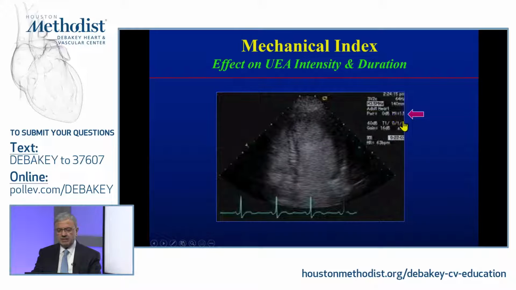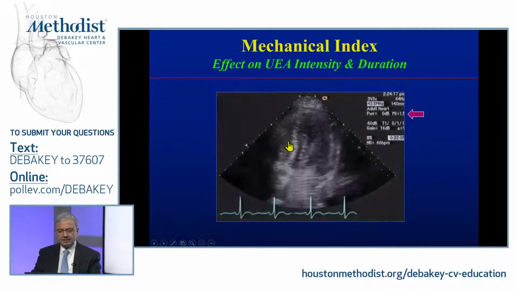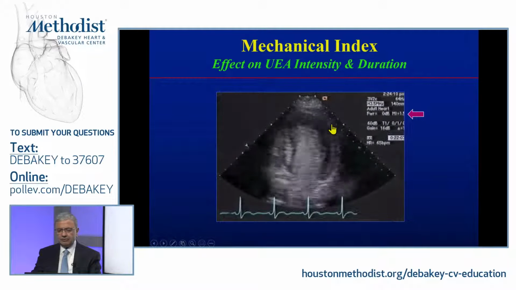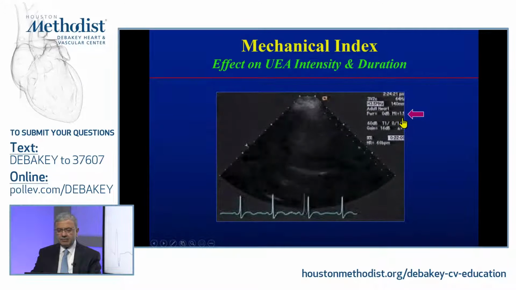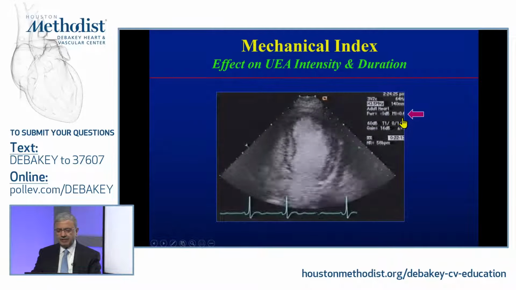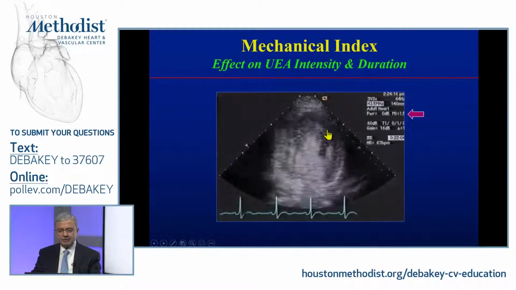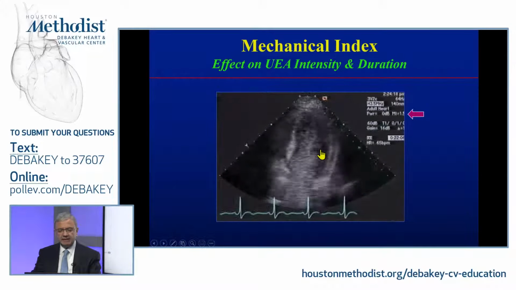And you'll notice as we decrease it, you can see that it is not opacifying the whole ventricle. But as we start decreasing this MI to 0.7, 0.5, 0.4, you could see a nice opacification. So this is playing again.